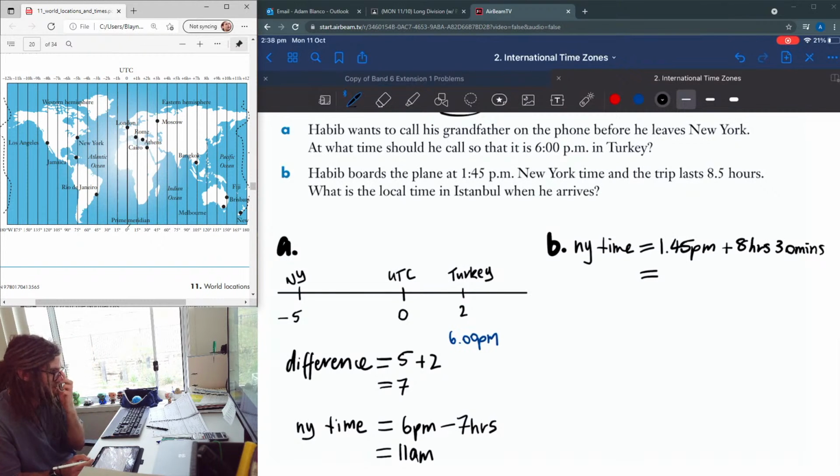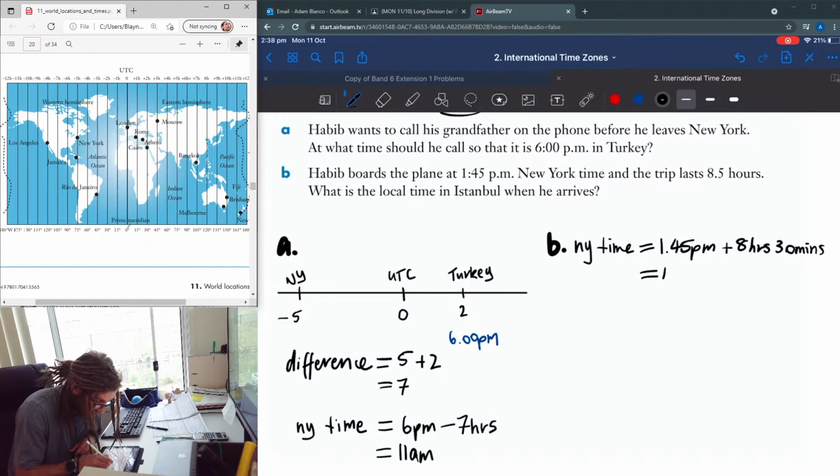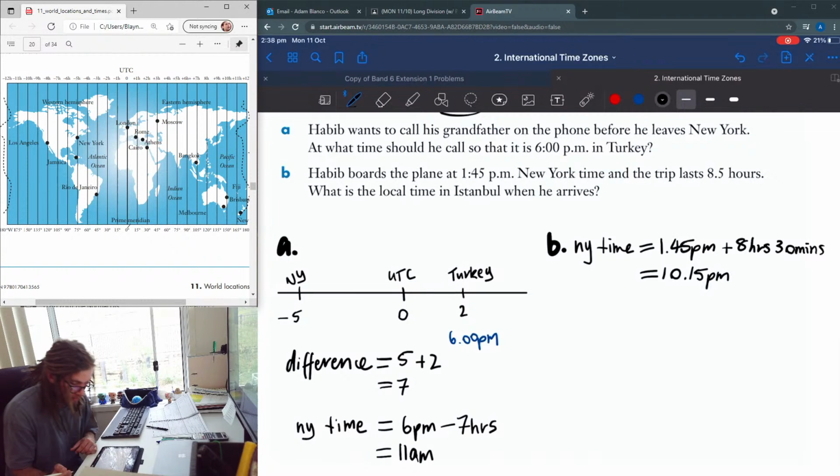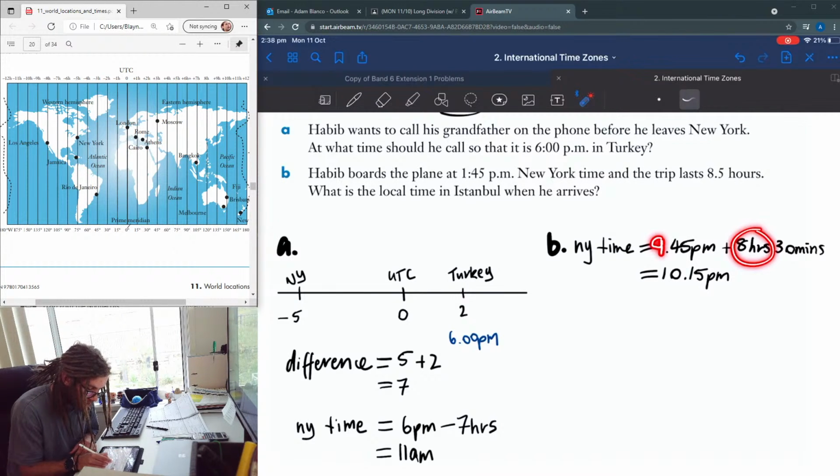Questions like these are so confusing. So 8 hours plus that is 9:45, and then 10:15 p.m. I hope that makes sense. I added 8 hours to this, so that made it 9, and then I added 30 minutes, which took me to 10:15. That's how I got that.